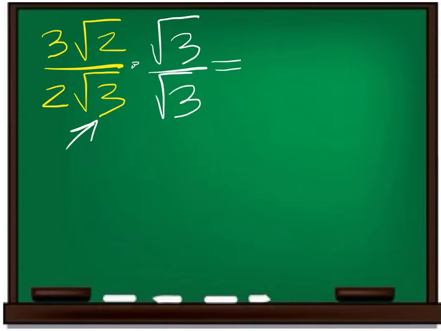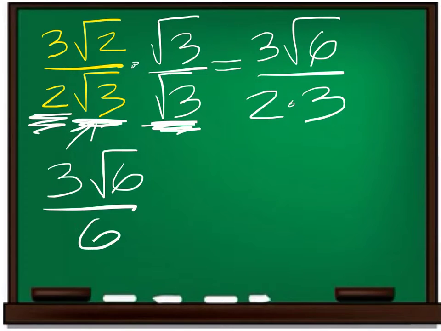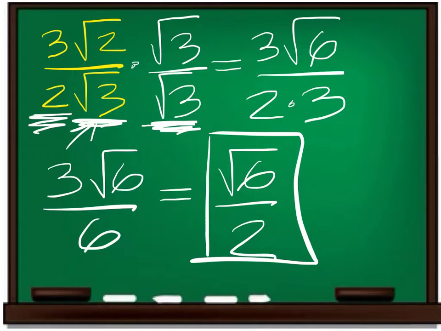On the top, you'll have 3 times the square root of 6 over this 2 stays, and square root of 3 times square root of 3 is 3. So you'll have 3 square root of 6 on top and a 6 on the bottom. You can simplify 3 over 6. 3 over 6 goes down to 1 over 2. No need to write the 1. Square root of 6 over 2 is the final answer.